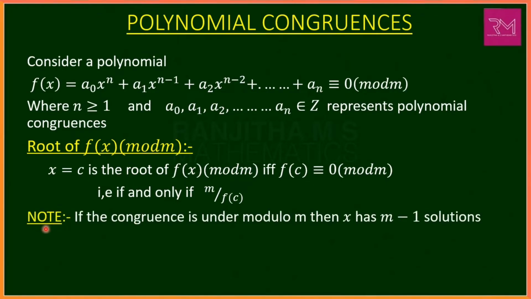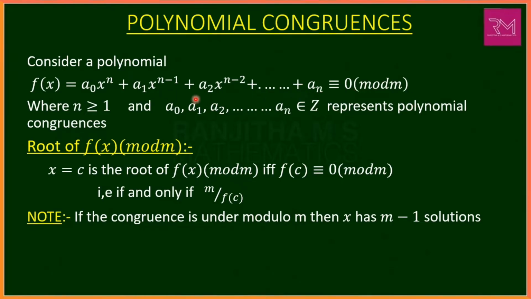Also, to solve problems on polynomial congruence, we have to note that if the congruence is under modulo m, then x has at most m minus 1 solutions. Here, if they give a polynomial congruence under mod 3, it contains m minus 1, that is 3 minus 1 solutions. 3 minus 1 is nothing but 2. So if the m value is 3, then it contains 2 solutions.